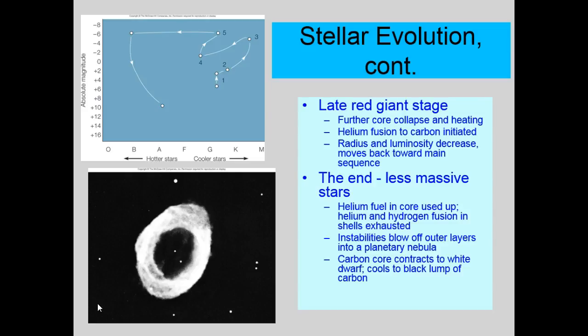Actually, this may be main sequence over here. I can't quite figure it, but here's the white dwarf down here. Okay, so that's where you end up here. So I guess that's the main sequence up there, and those are just moving around in the red giants.